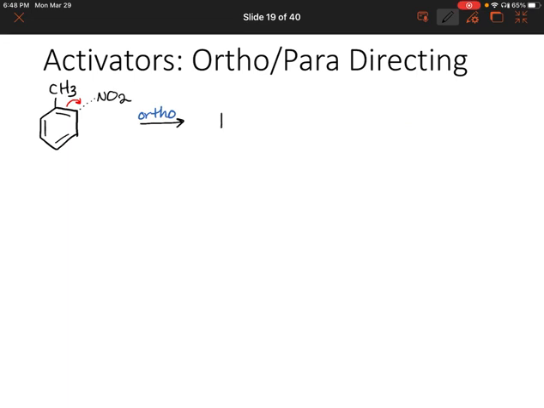So what we end up forming is that sigma complex intermediate, also known as the arenium ion. And because we moved those pi electrons over to form that new bond with NO2, that leaves a positive charge on the other carbon that's right next to the CH3 group, the methyl group.